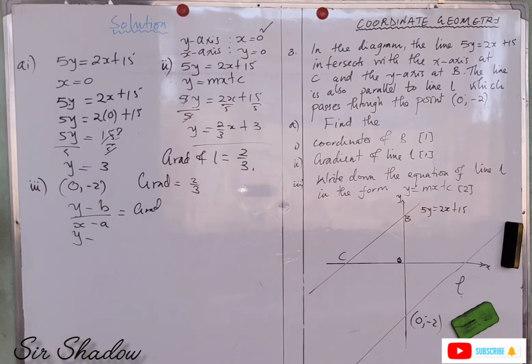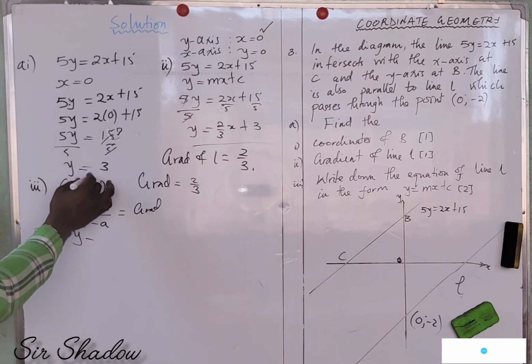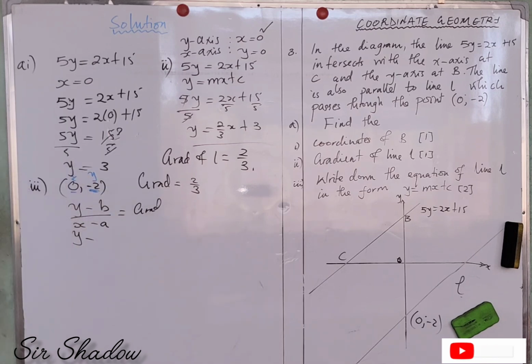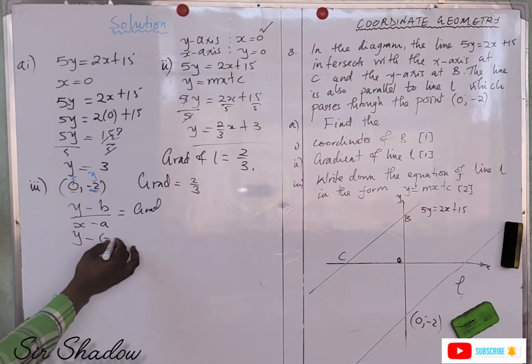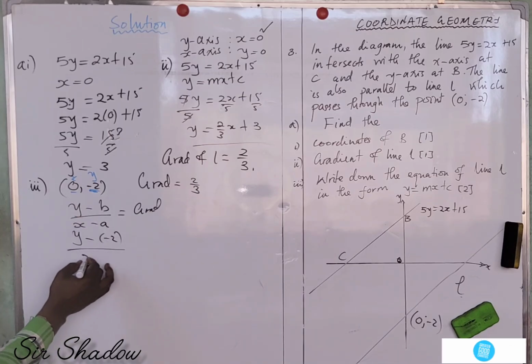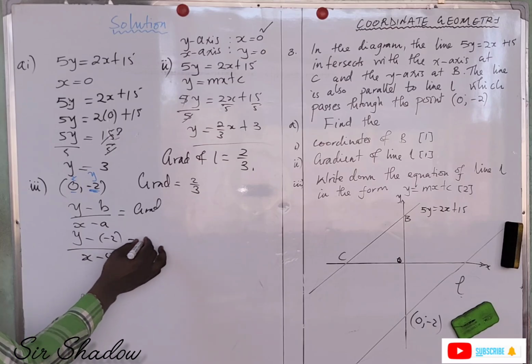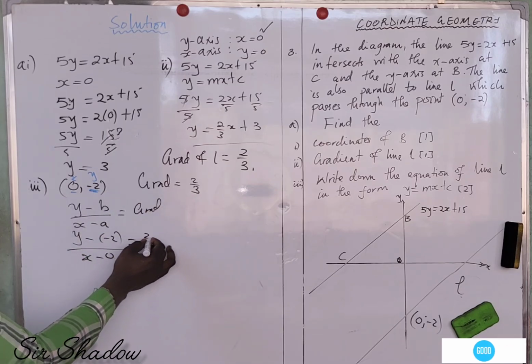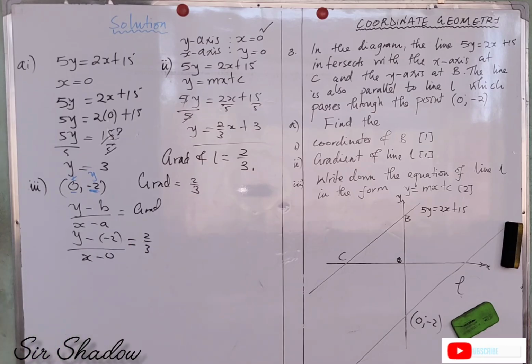Here is the y value, then here is the x value, here is y, here is x. So this gives us (y minus -2) over (x minus 0), which equals, what's the gradient here? Which is 2 over 3.